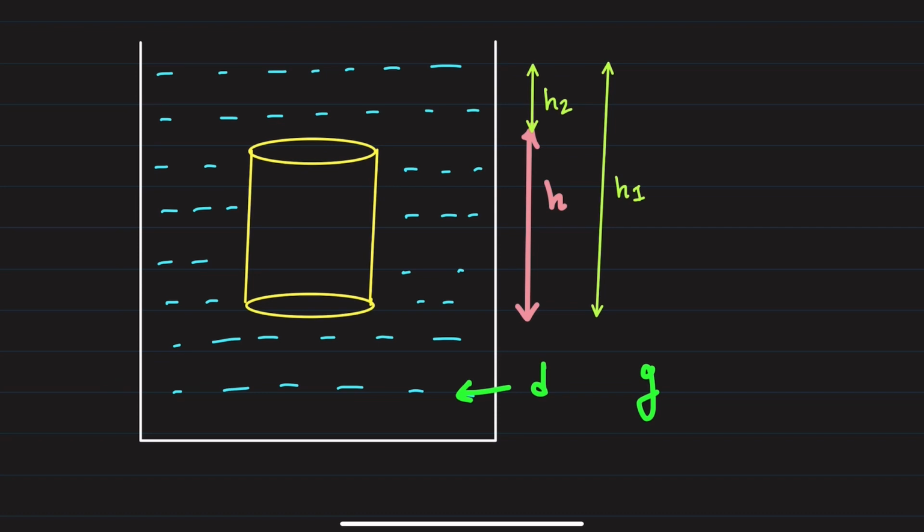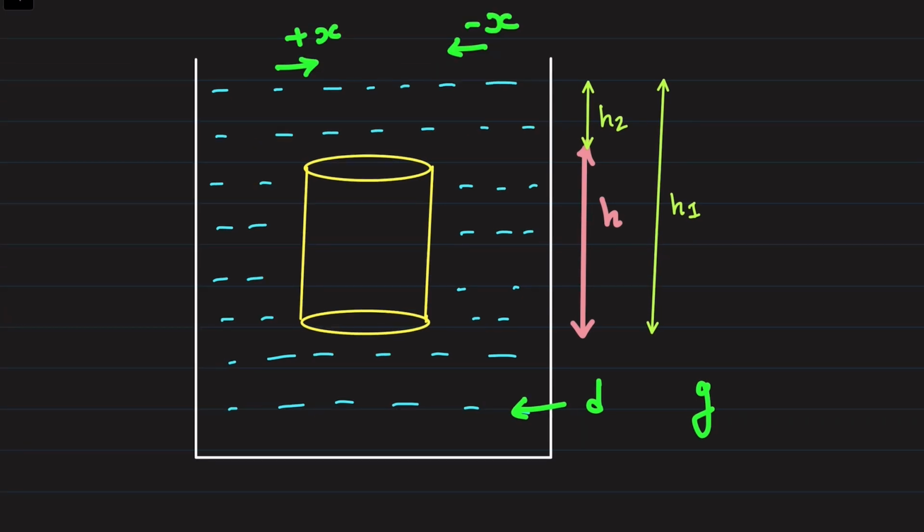And we are taking the pressure exerted by fluid on the cylindrical object. If we consider the pressure exerted by fluid on the above and below surface, from above it is pressure P2, and from below it is pressure P1.